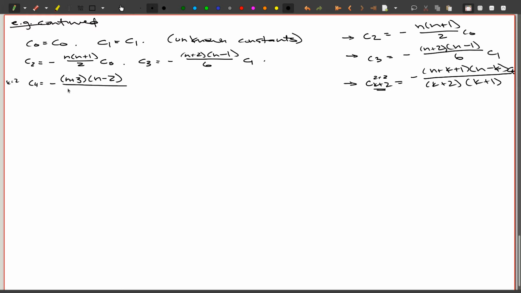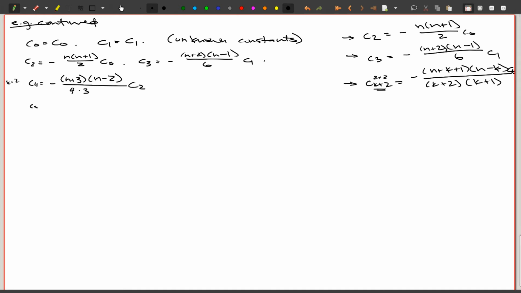So 2 plus 2 is 4 times k plus 1. So 2 plus 1 is 3. And notice I'm not multiplying these things together to give me like 12. I told you the first time we learned series that causes problems. So just leave it the way it is right now. You can hopefully see from doing lots of these problems that this is going to turn into a factorial type term on the bottom for us. And that's going to be times c sub k, so that's c sub 2 right here.